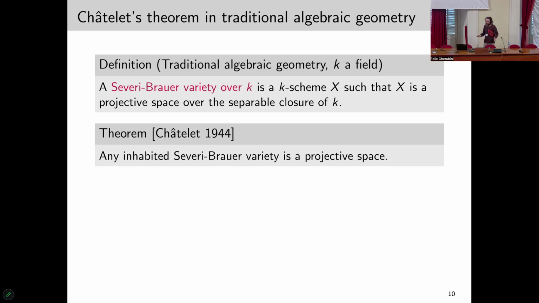And then the theorem says that if there is a point in such a scheme, then it is actually a projective space, not over the separable closure, but over the base field.